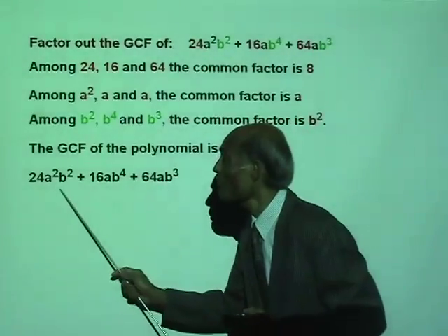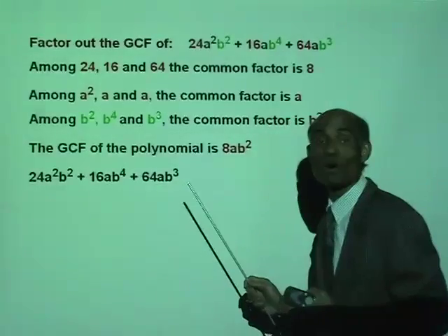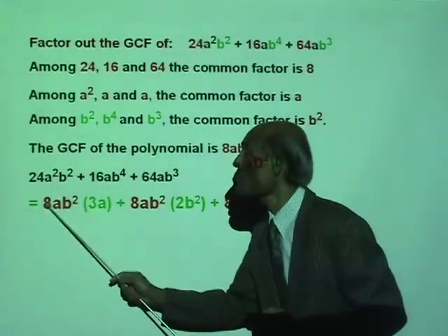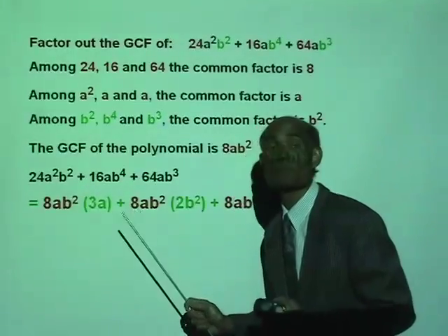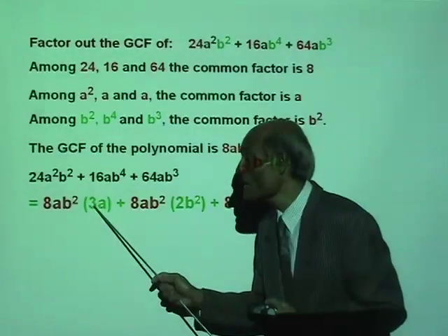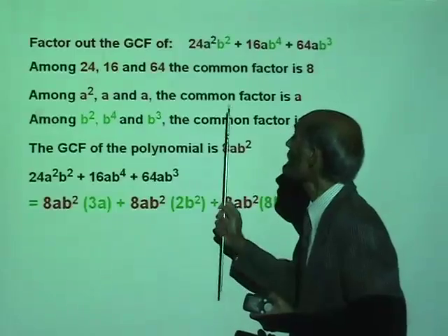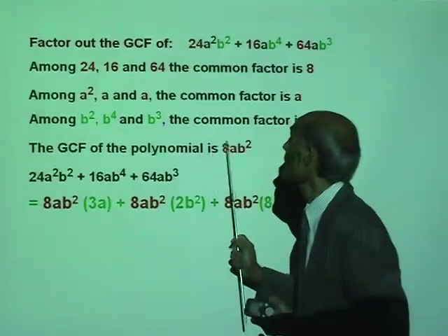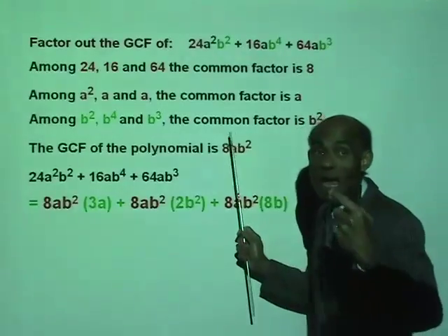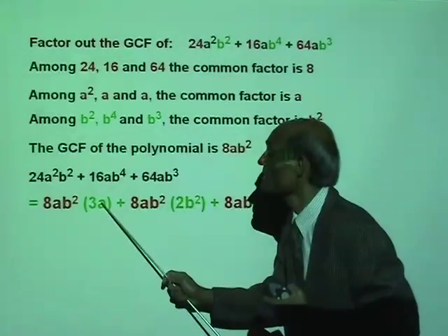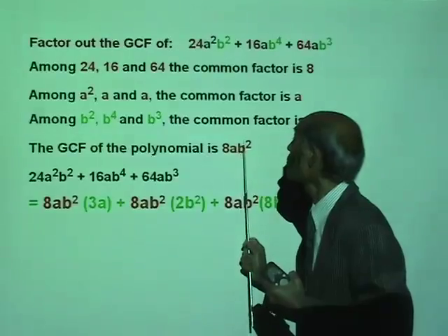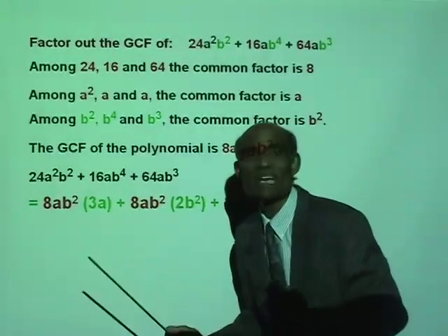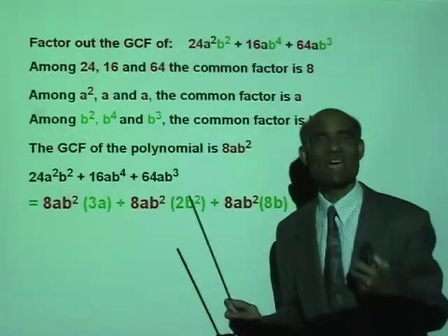Therefore, 24a squared b squared can be written as 8ab squared times 3a. How did I get this 3a? Watch it again. 8 times 3 is 24. That's how I got that 3. A times a is a squared. That's the a. And b squared times 1 is b squared. 3a times 1 is 3a.